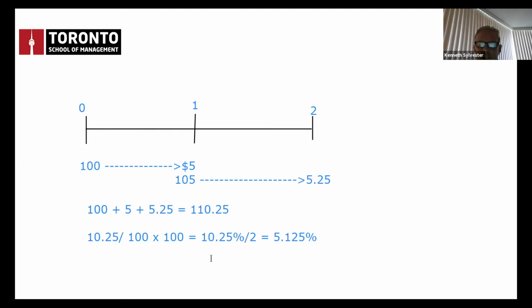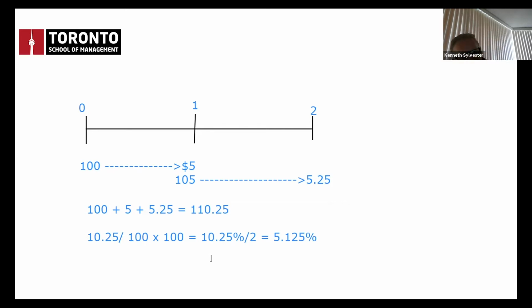So let me ask you guys a question. If you had an extra $100 and you wanted to put it into a savings account for 2 years, would you rather have simple interest or compound interest? Compound, of course. Why? Because we can get more money on this one. Now, let me ask you another question.